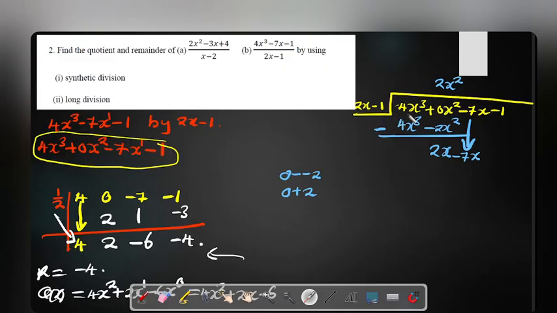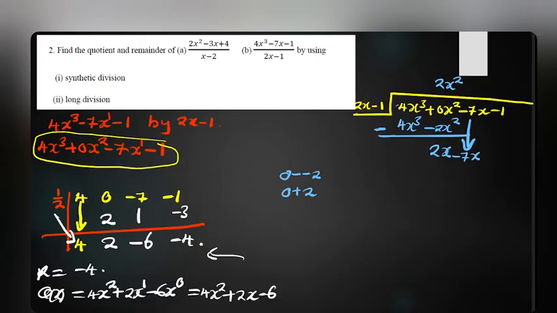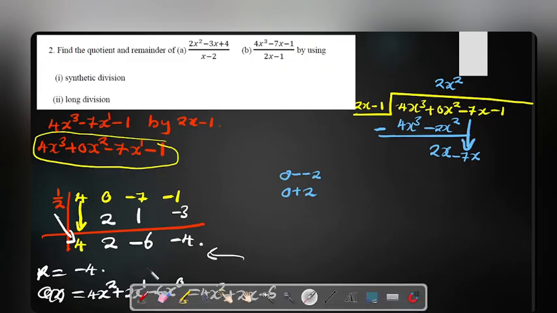Now we start again. Once you reach this point, after dropping the negative 7x, you start again. 2x squared divided by 2x, let's see.